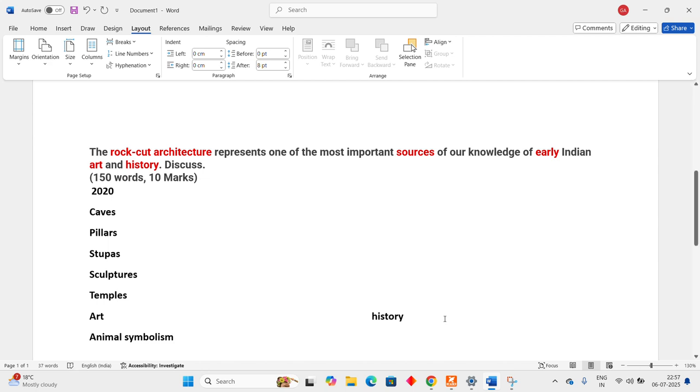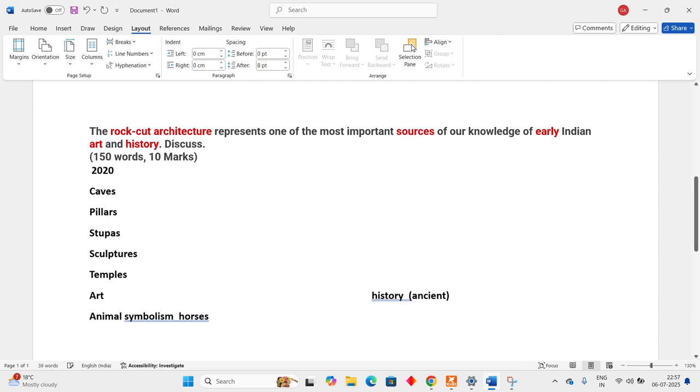We are talking about the ancient times. In animal symbolism, I can think of horses, and I can think of elephants. Let's try and give some examples of the same.